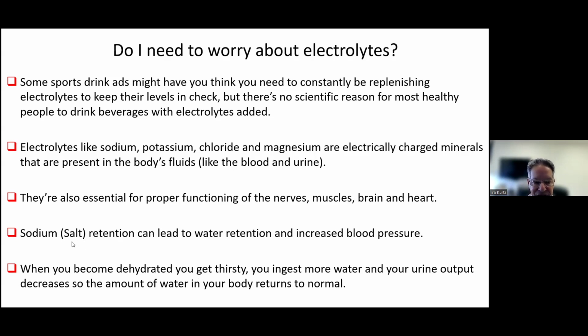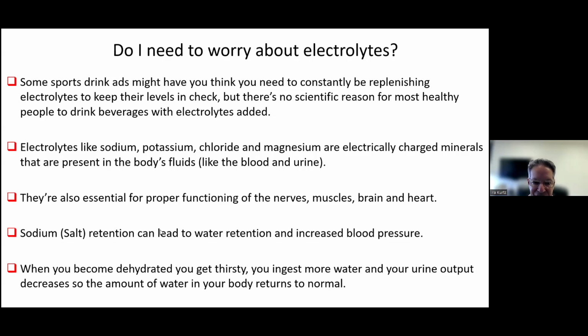But just take that as a given: the more salt you take in that your kidney doesn't get rid of, and normally the kidney will get rid of the salt also. But during the time that the kidney hasn't gotten rid of all of it, you will retain water, and that will lead to increased blood pressure.